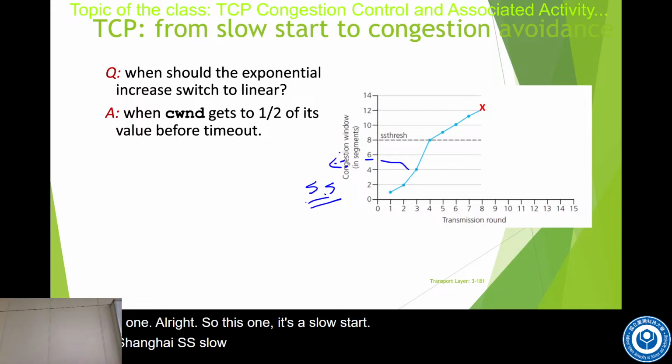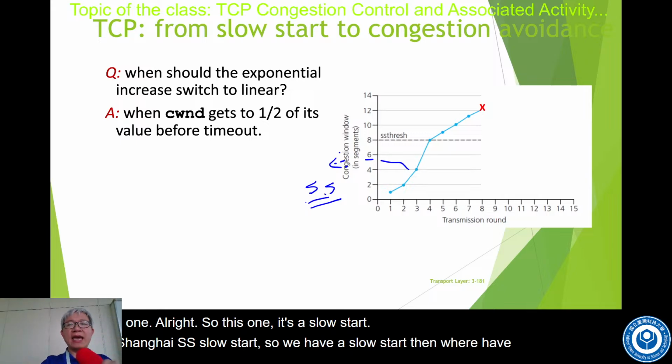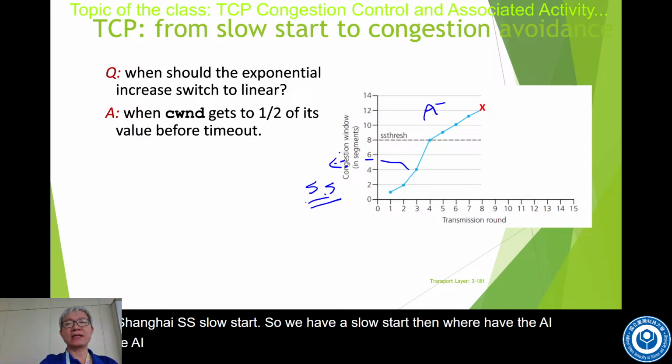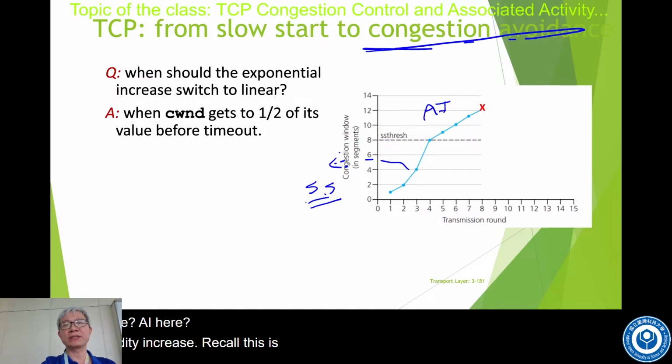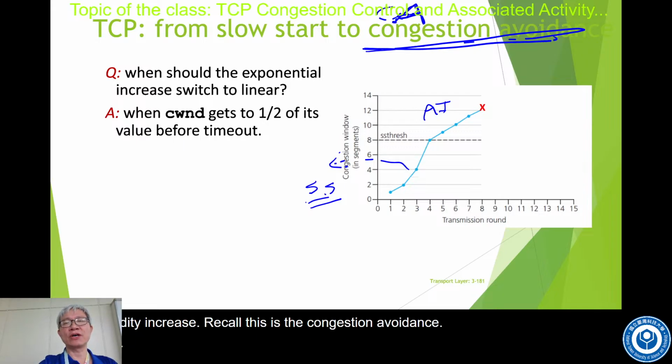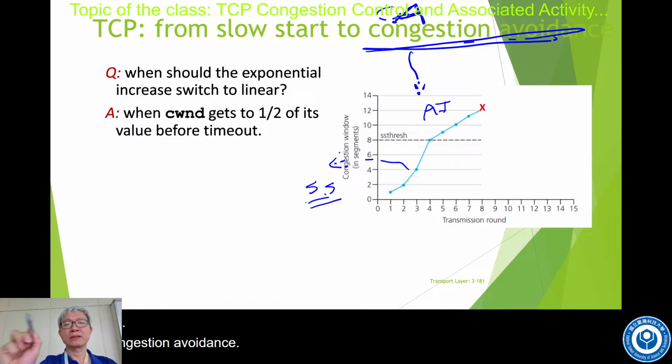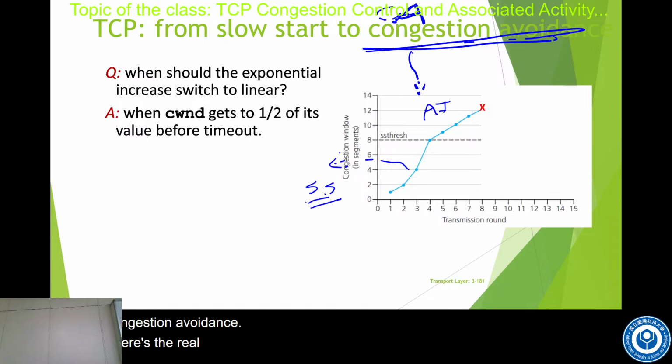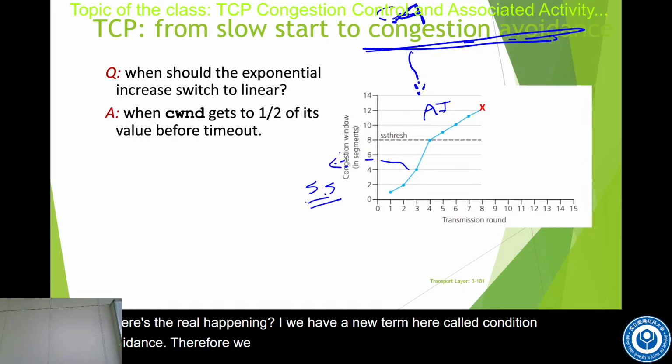So we have slow start, then we will have AI, additive increase. We call this congestion avoidance, CA. Previously we had AI; now we have a new term, congestion avoidance. Therefore, we have slow start followed by AI, or congestion avoidance.